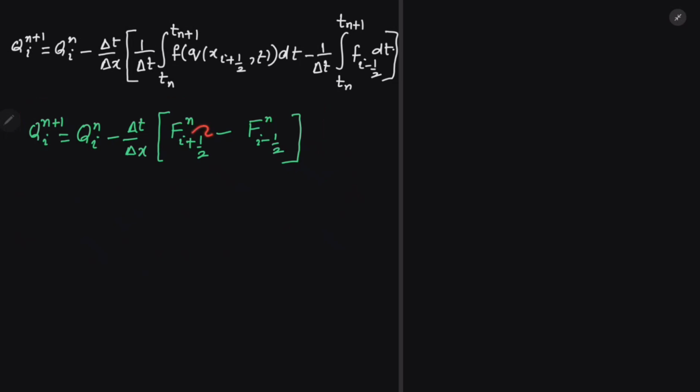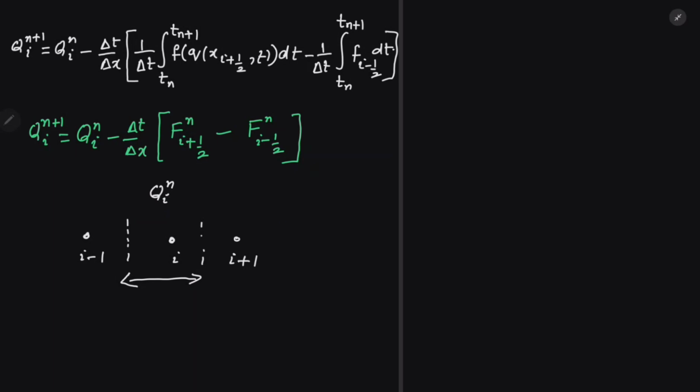Now the only thing left is how we can measure Fn I plus 1/2. Suppose we have these points I plus 1, I minus 1, and these are the dotted values. And over this volume, we calculated Qni.